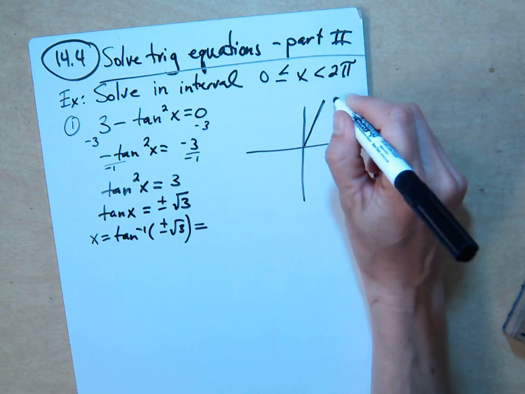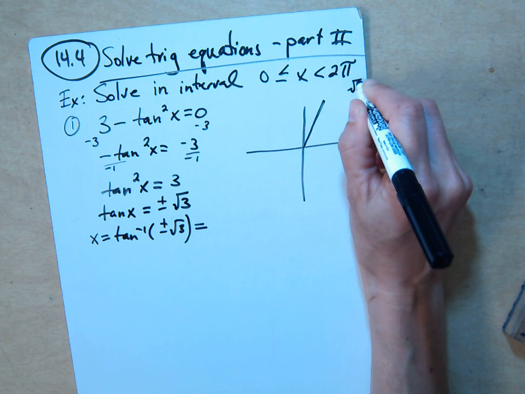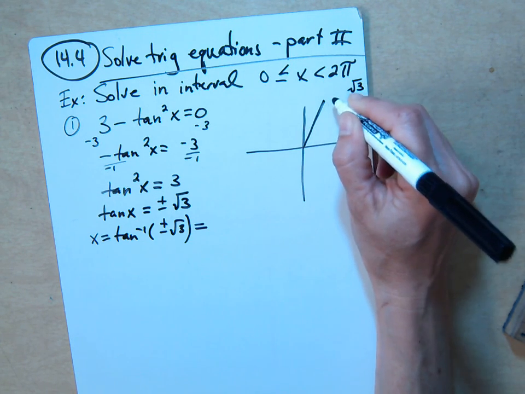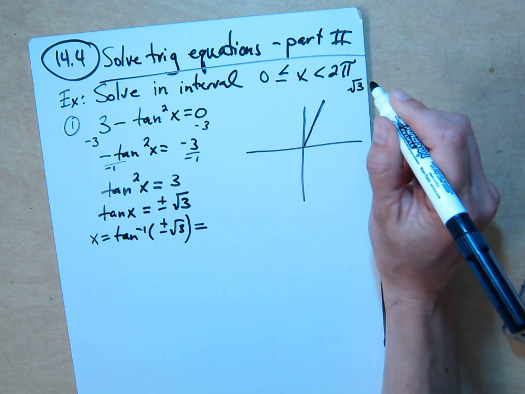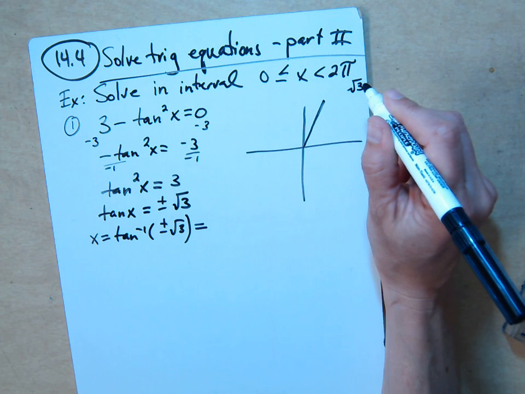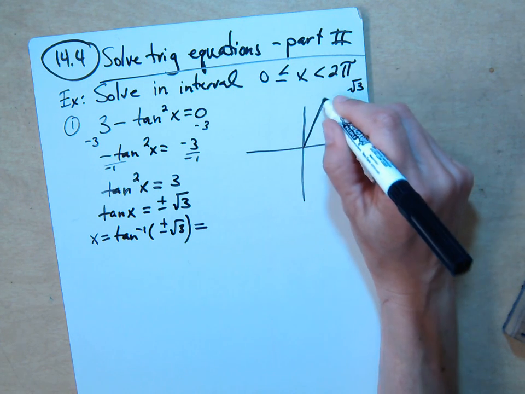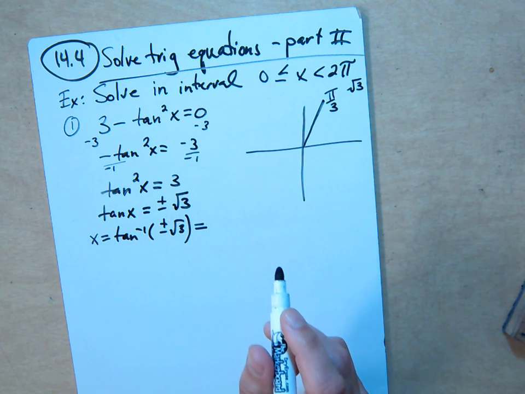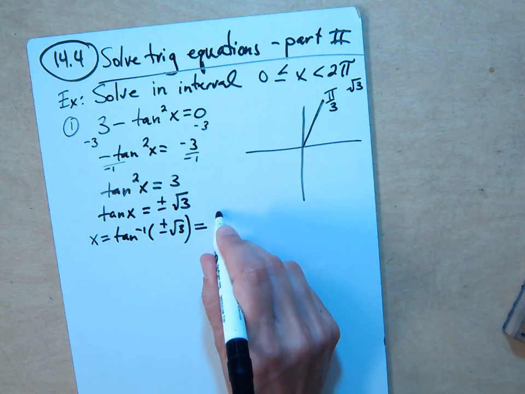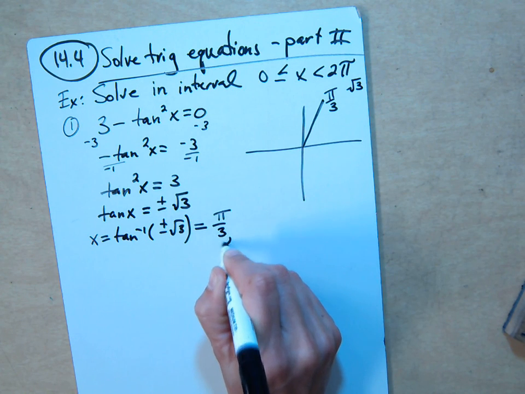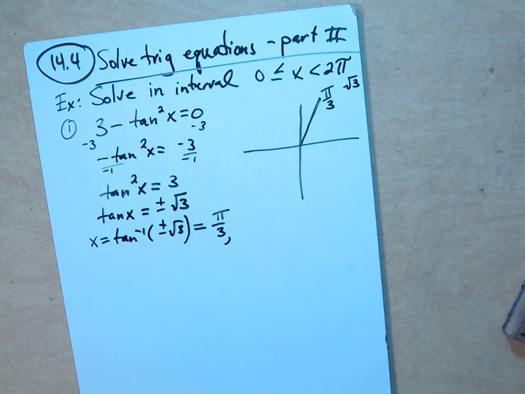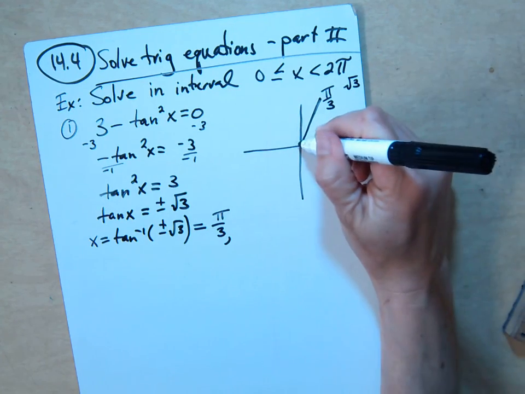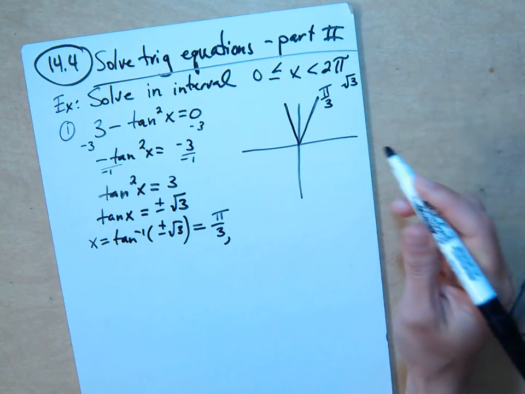So the tangent here, how many radians are we at? The one furthest away from the x-axis. Is that 1/6 or 1/3? 1/3, so pi over 3. So that's your answer in quadrant 1, pi over 3. Now you just find all of the ones that are the same distance from the x-axis.